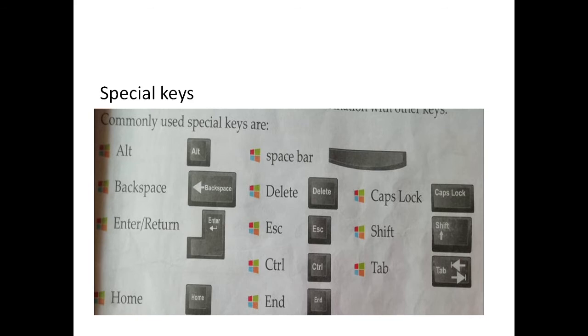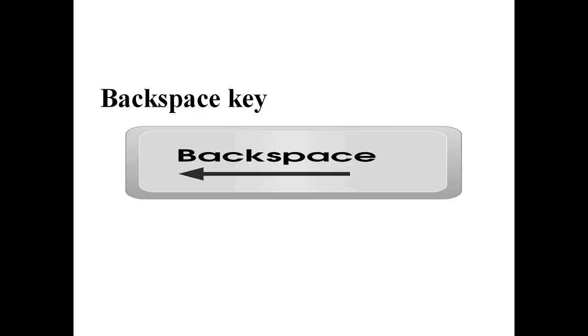Some commonly used special keys are Alt, backspace, enter or return, home, spacebar, delete, escape, control, end, caps lock, shift, tab. These are the most commonly used special keys. Okay, so let us discuss all these one by one.